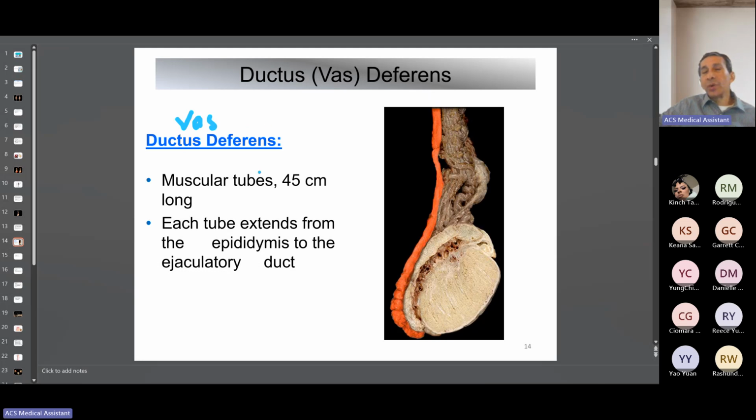We don't need to know how long it is or the diameter. We don't care about any of those. We just understand that this is where all the sperm that was produced and moved to the epididymis are now going to move to this tube.